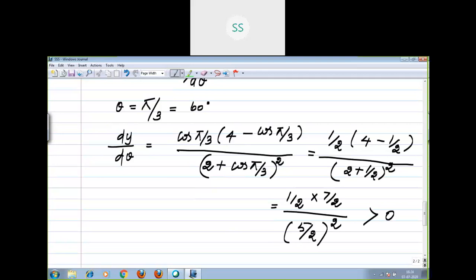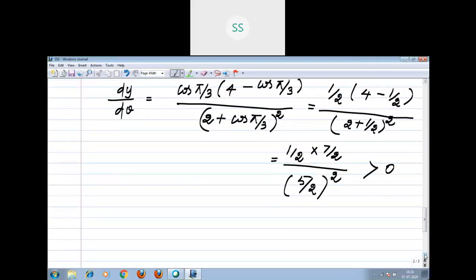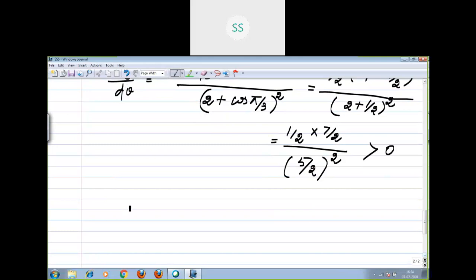Now you compare. When you assign theta is equal to 0, you arrived at greater than 0. Theta is equal to pi by 2, you arrived at equal to 0. In between value, it is greater than 0. So when you compare all the results, what is your final conclusion? Your final conclusion is dy by d theta greater than or equal to 0. Once you arrive at greater than or equal to 0, what is your conclusion? Yes, very good.